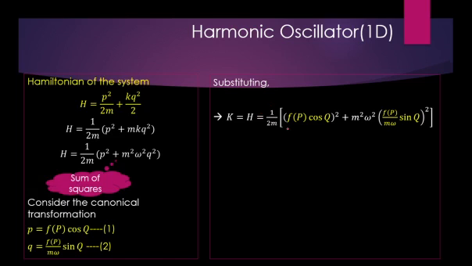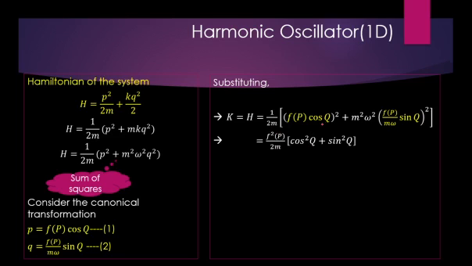Now you can replace p square with f of P cos Q whole square plus m square omega square. Instead of q I can write f of P by m omega sin Q whole square. Now f of P is common in both the terms, so we take that outside. 2m is already there outside.